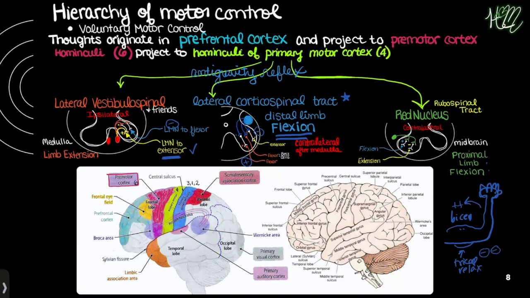You find these nuclei in the midbrain. That's where these nuclei are at, is in the midbrain. So that's why it's contralateral, right? Because we know the midbrain is above the medulla. So since it's above the medulla, that's why we get a contralateral response. So that's, again, helping to stimulate limb flexion as well.